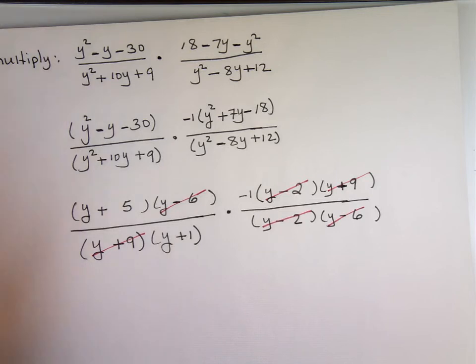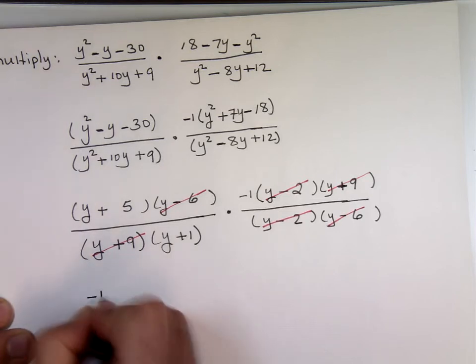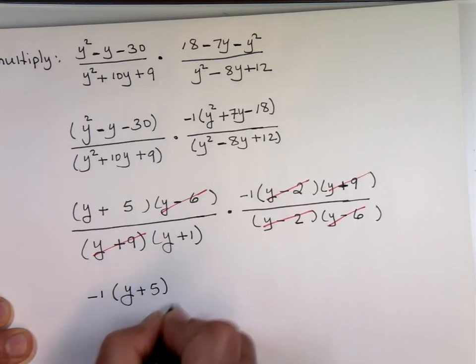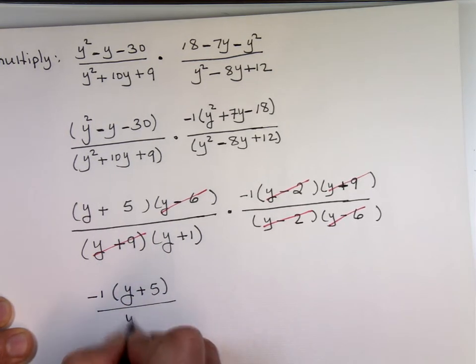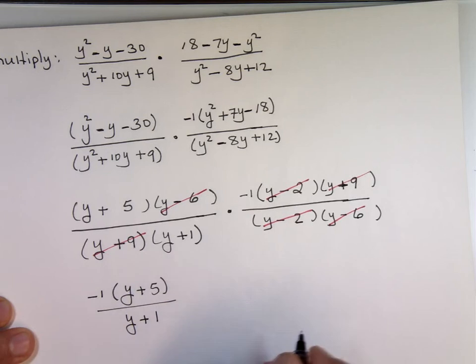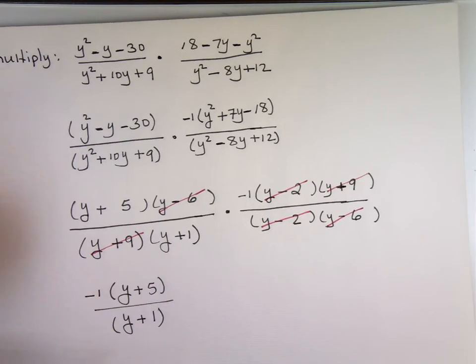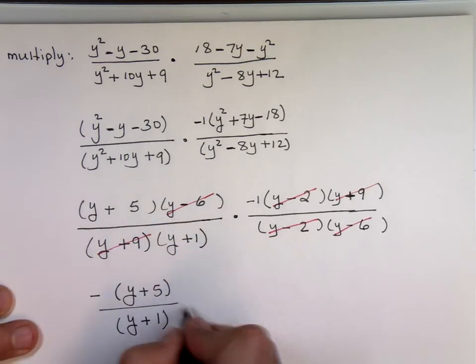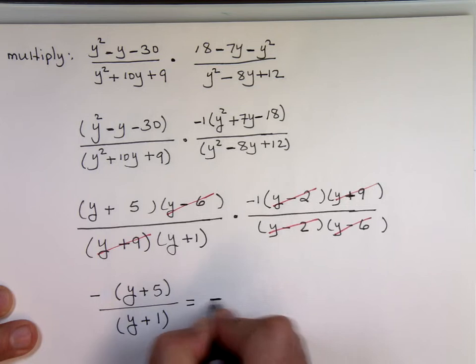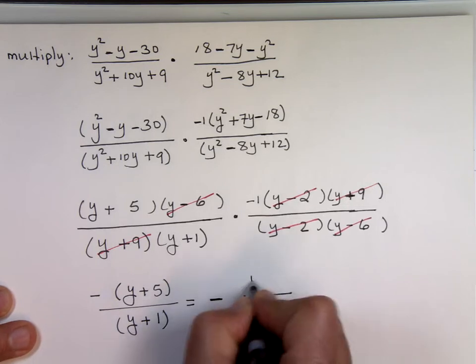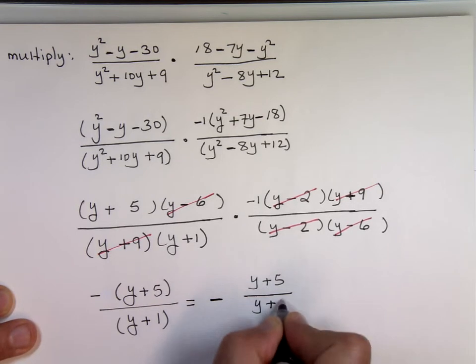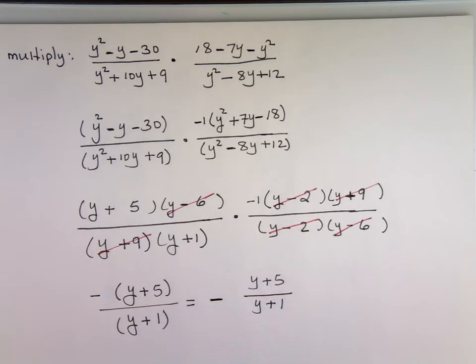It's the minus 1, y plus 5 on the top, over y plus 1. You don't need the 1, you can just make it a minus. And if the minus is on the top, which is fine, most likely they're going to put it in the front: minus y plus 5 over y plus 1. And that should be my answer.